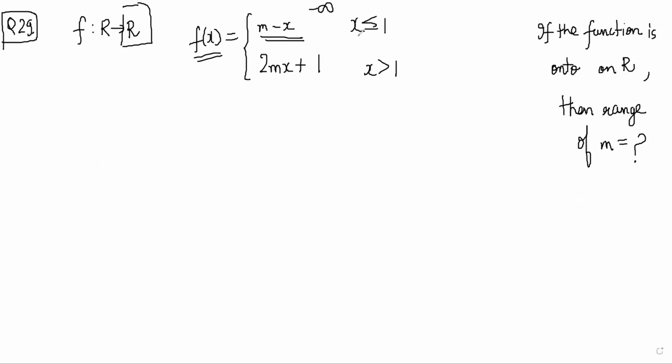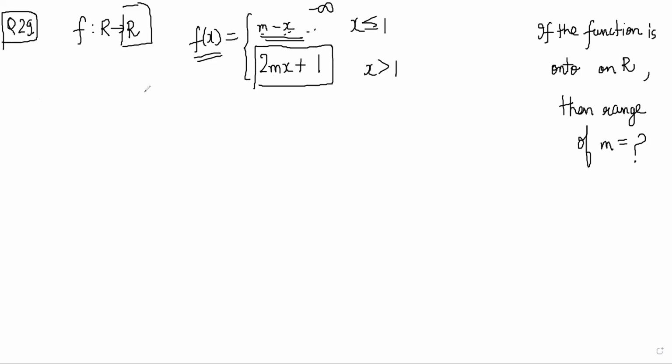Because x can become minus infinity here. Is there any restriction? There is nothing. m is a constant, it can go to minus infinity. So what about this? This also seems like it can go to R, no?